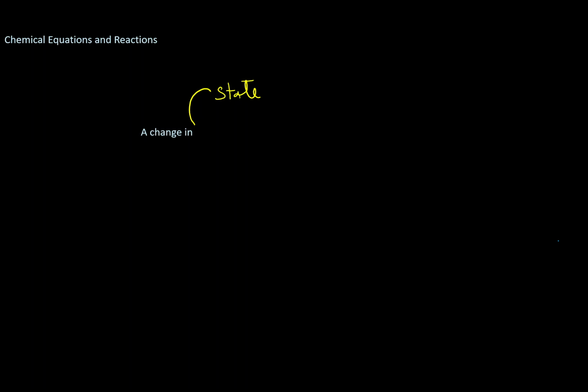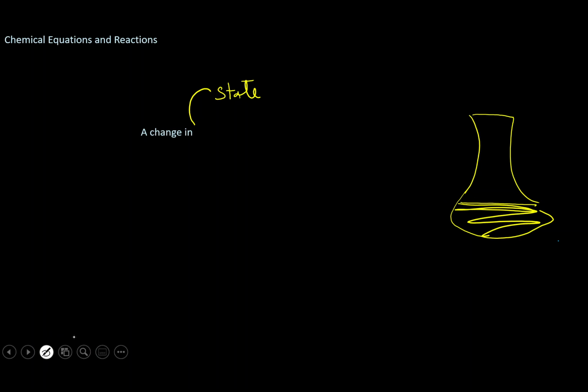There's one experiment in which you take a flask and you take HCl, and you put zinc in it. This is not the color of zinc, but you put zinc in it, and you can notice that there is H2 gas coming out.